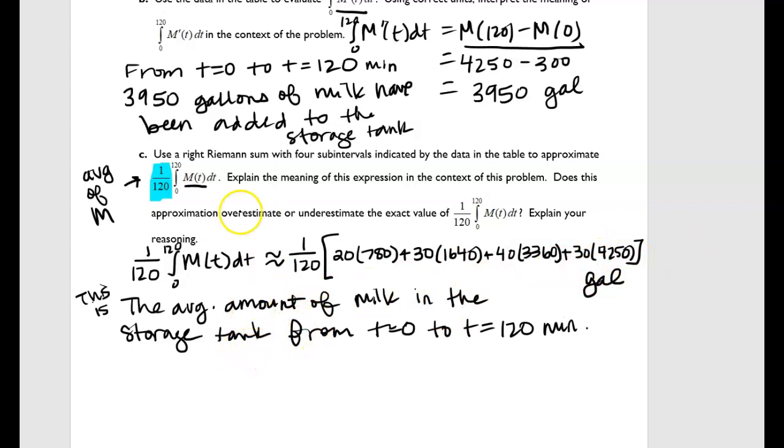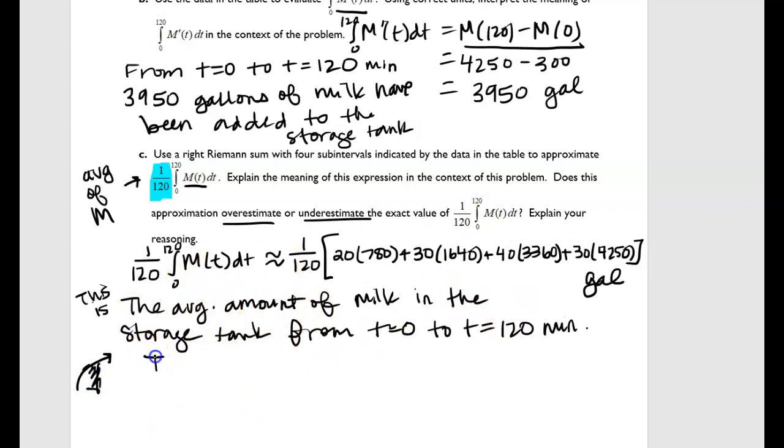Now the other thing it asked me is, is this an overestimate or an underestimate? We were using a right Riemann sum, and it did tell me my function was increasing here. A right Riemann sum would be an overestimate because I'd be using the right endpoint as the height. So I just need to say that.